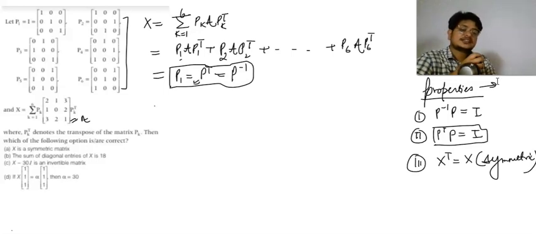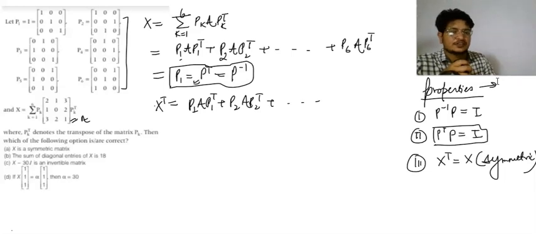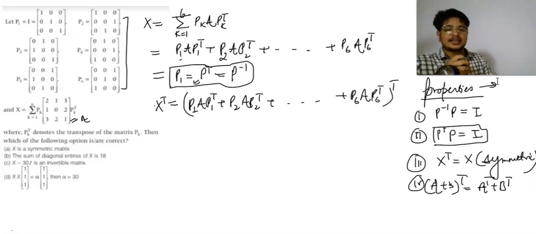Now I will transpose this and get P1 A P1 transpose plus P2 A P2 transpose, up to P6 A P6 transpose, all transposed. Here I am writing the fourth property: A plus B transpose gives A transpose plus B transpose.